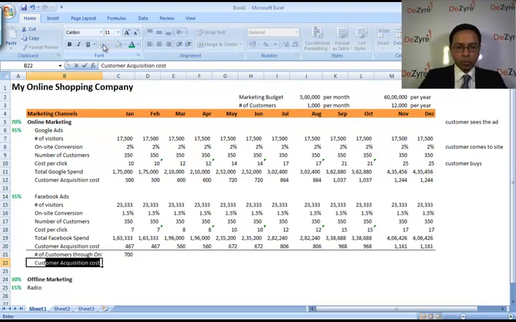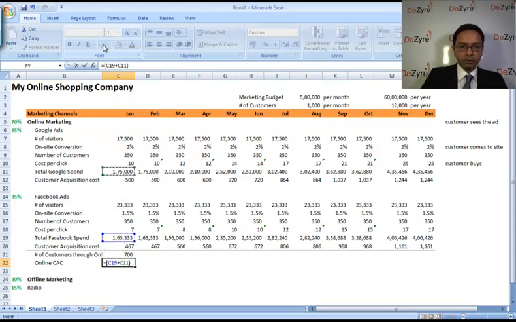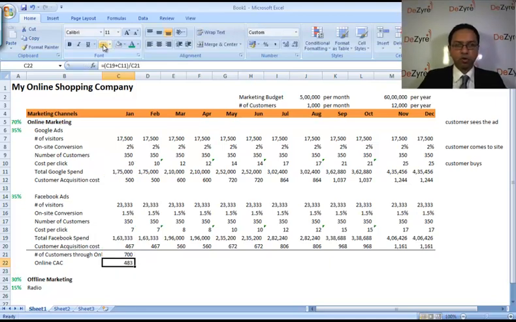Then you're going to ask, what is the online customer acquisition cost? Average customer acquisition cost online is nothing but the total amount of money you have spent online divided by the total number of customers online. So 483 rupees you're spending to get each customer through your online marketing channels.